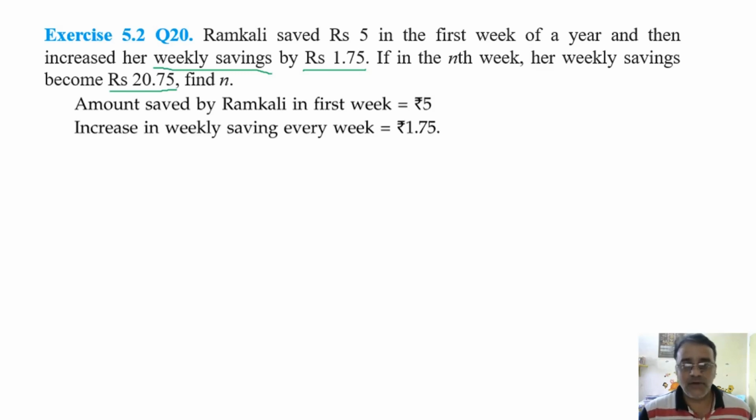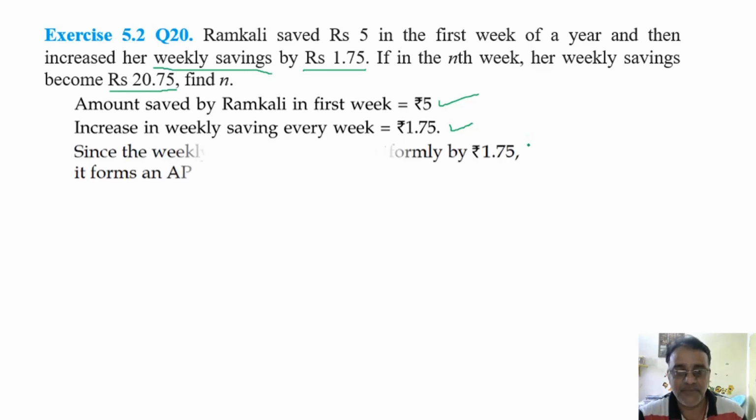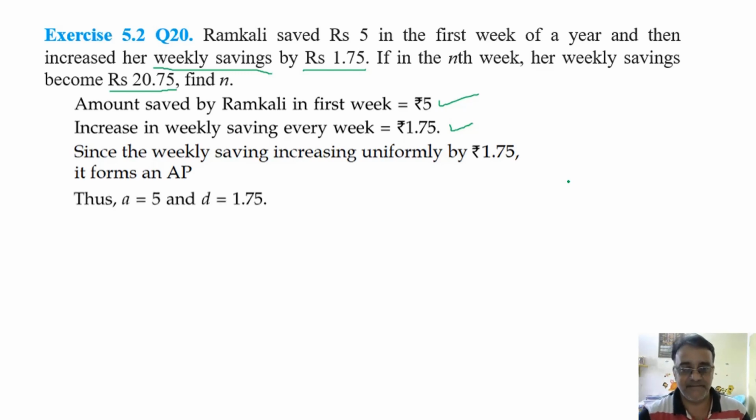First we will write that the amount saved by Ramkali in the first week is rupees 5 and the increase in weekly saving every week is rupees 1.75. Now since the weekly saving is increasing uniformly by rupees 1.75, it forms an AP. So what is A and what is D? Sir, A is 5 and D is 1.75. Right.